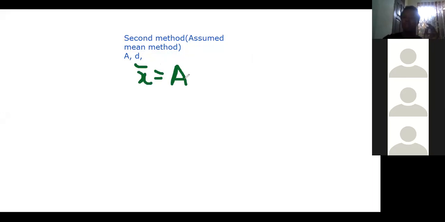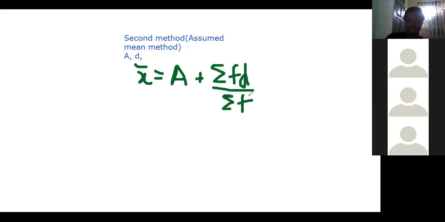If you have two middle numbers, you can pick either of them and still get the same answer. So the mean is equal to the assumed mean plus sigma FD over sigma F.